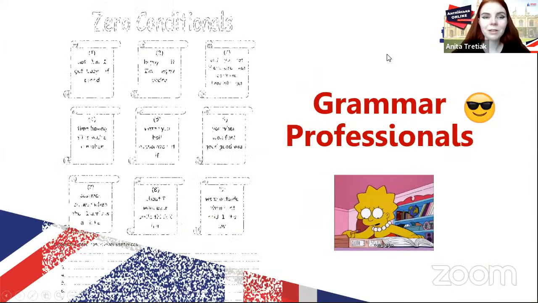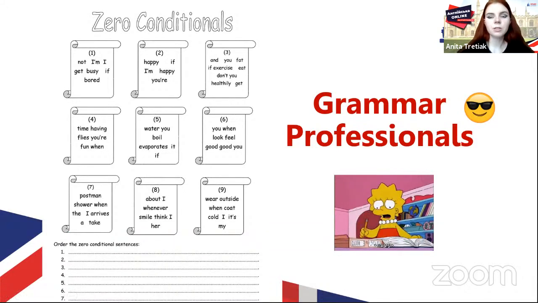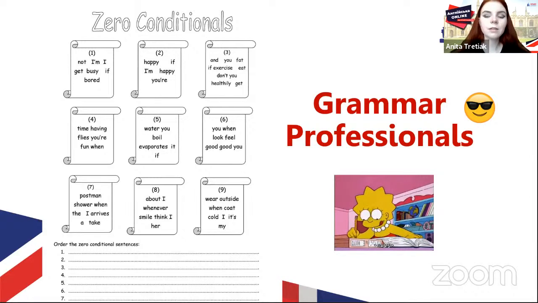And now it's time for us to practice a little bit with zero conditionals. And here is the grammar professional's task. We've got 9 sentences, and the words in these sentences are scrambled. We need to unscramble them to make the correct order of the words in the sentence.